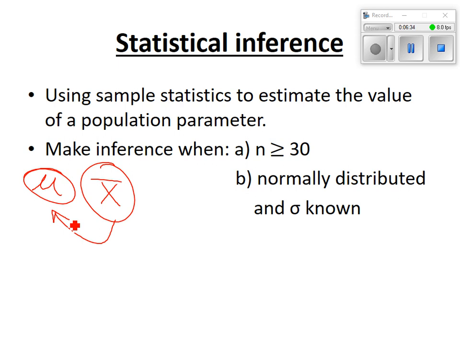If I ask each one of you to go out and pick 30 people and find out whatever about those 30 people, and come back and tell me the mean of your sample, not everybody's going to get the same sample mean. But if we take all of those, we can have some idea about where the mean of the population should fall.